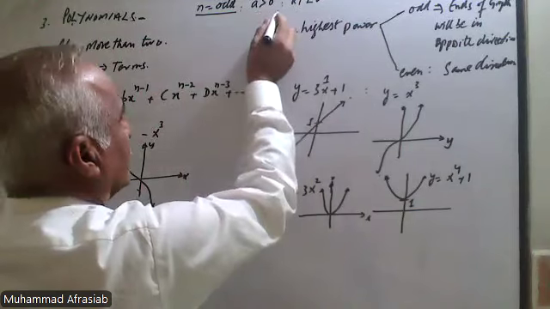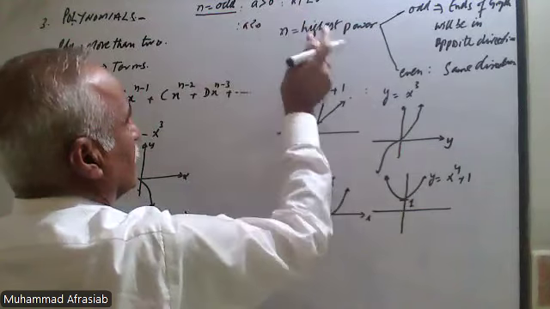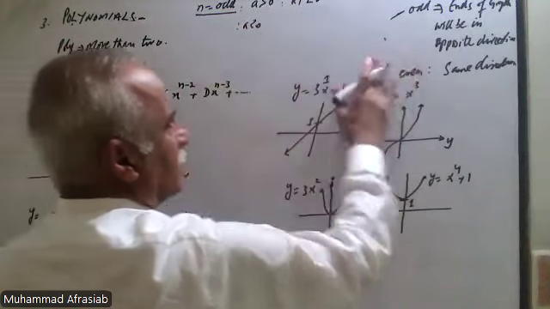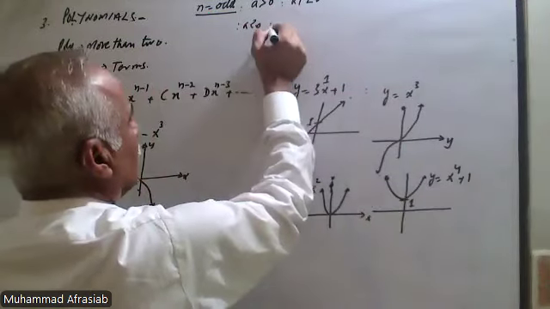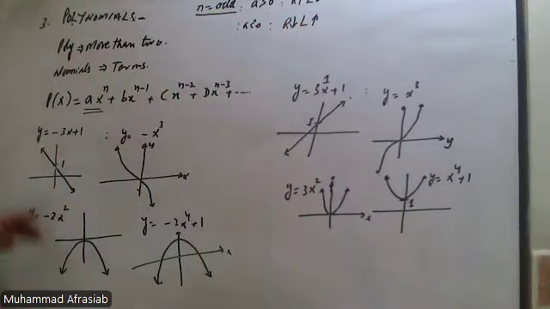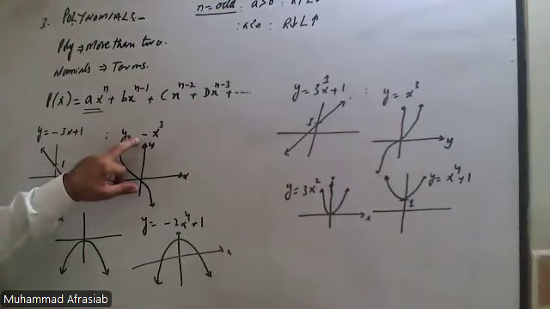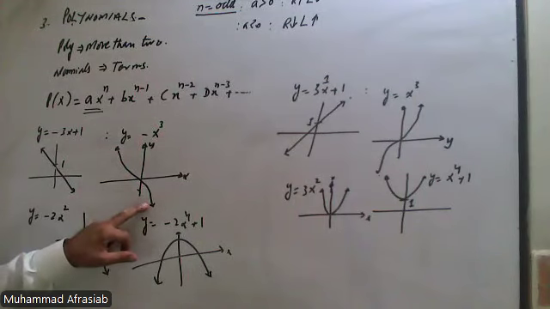If n is an odd number and a is less than 0, then the right side will be downward and the left side will be upward. Look at that. Here the highest power is 1, the coefficient is minus 3. So the left side is upward and the right side is downward. Here the odd power is 3, and there is a minus coefficient. So the left side will be upward and the right side will be downward.